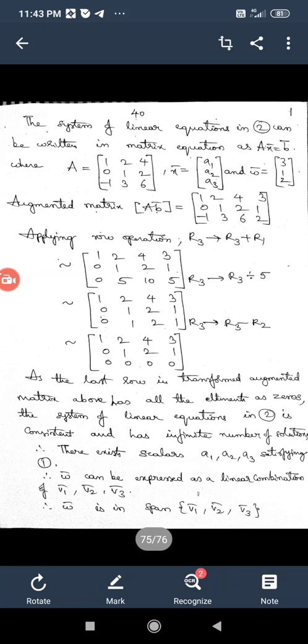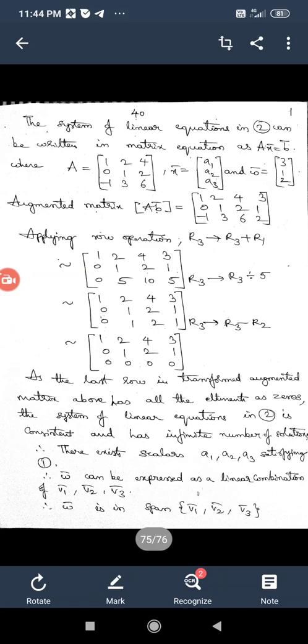That means there exist scalars a1, a2, a3 satisfying the linear combination that we have taken in equation 1. That means W bar can be expressed as a linear combination of V1 bar, V2 bar, V3 bar. Therefore, W bar is in span V1 bar, V2 bar, V3 bar.